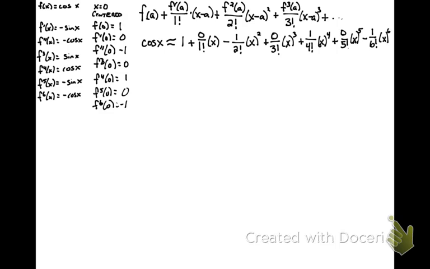And hopefully you can see that there's a pattern in what's happening here, which leads us to our nth term. Our nth term in this case is an alternating series, so we need a negative 1 in there. We want the even powered terms to be negative, and this will happen when we have negative 1 to the n power.